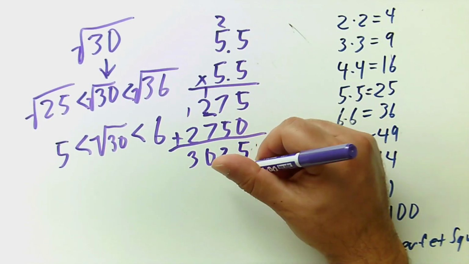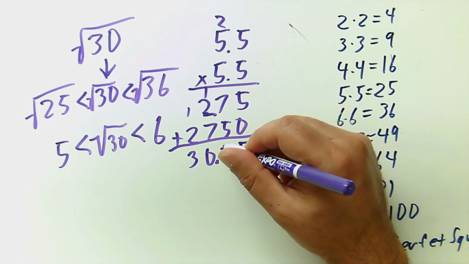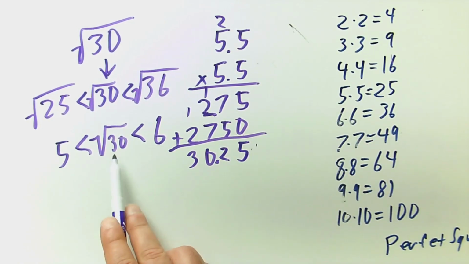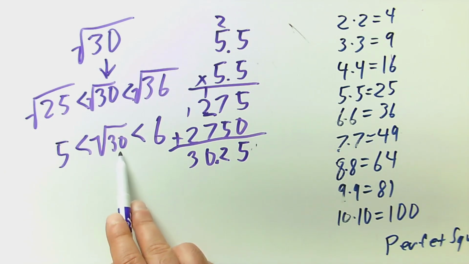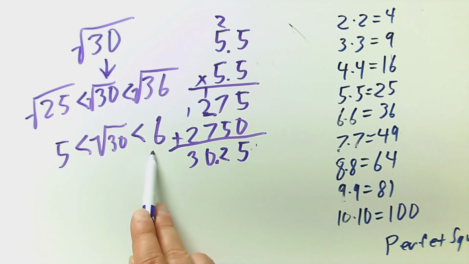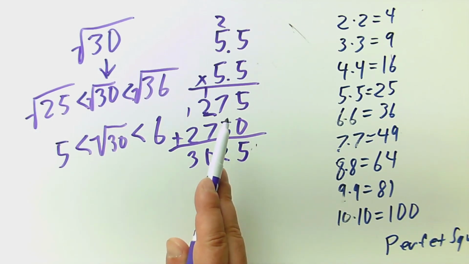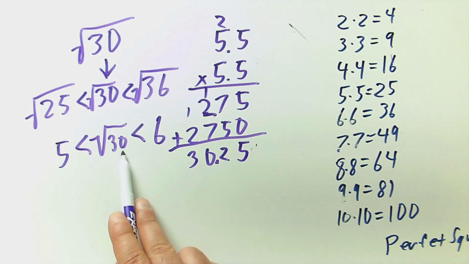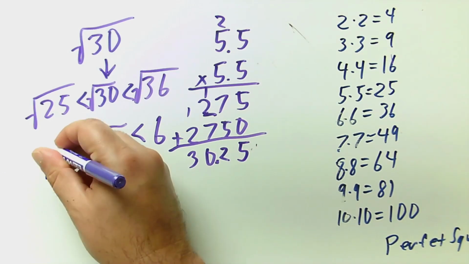So 30.25 is slightly higher than 30. So which way do we go? Is it closer to 5 or closer to 6? Since 5.5 is a little bit higher than the answer, then it's going to be closer to 5.